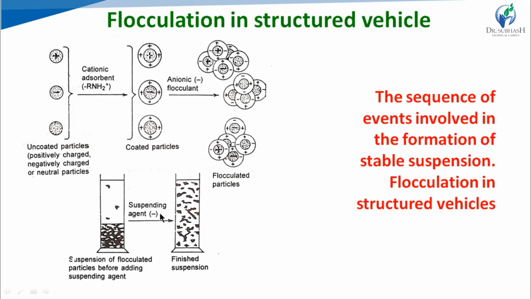Now if we add the suspending agent, or structured vehicle, then the finished product will look like this. That means there will be the presence of aggregation and it will remain uniformly throughout the suspension. So by the use of this approach, we can have a good suspension with good physical stability.